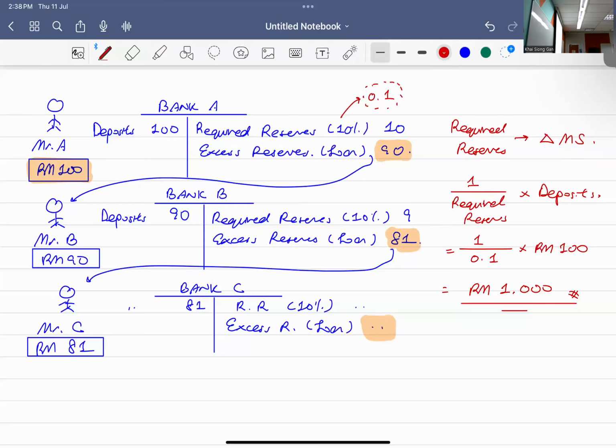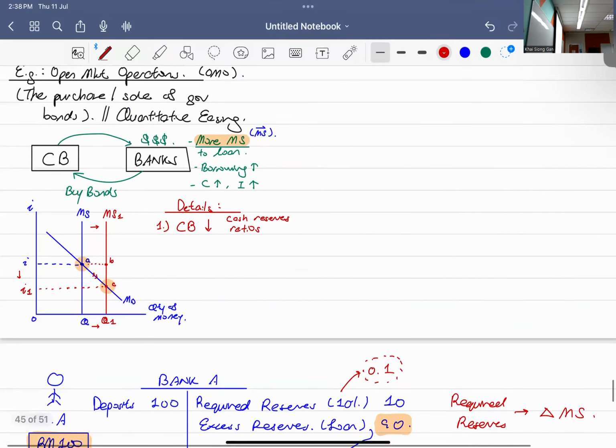Like for example, if central bank just say, okay, every bank will just need to keep 10% of the money for reserve, then 10% is very little only, so the rest of the 90% can be loaned out to people, and that creates further money supply. Just like this scenario, it will create a total money supply of 1,000 ringgit at the end of the day. So why I'm talking about this is because this links to the things that I mentioned just now.